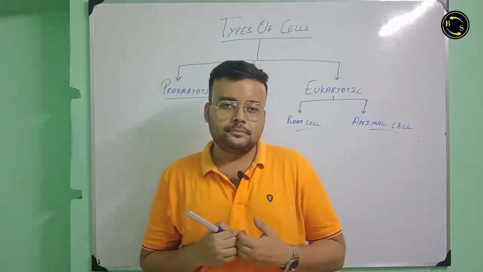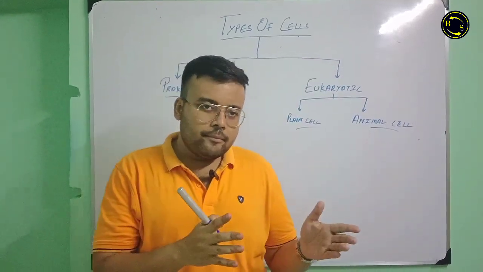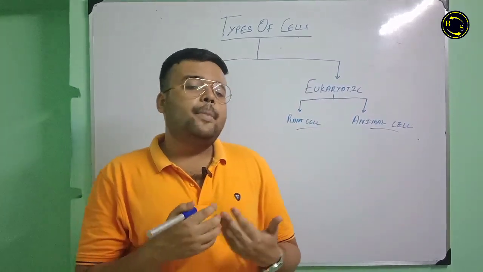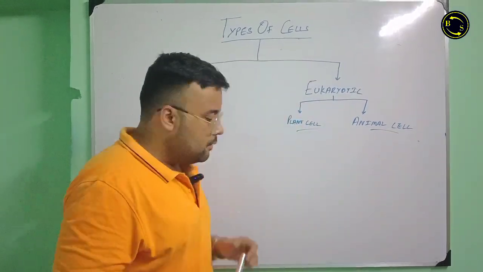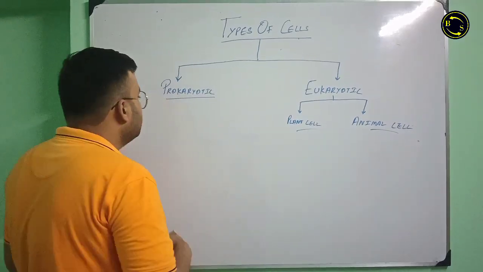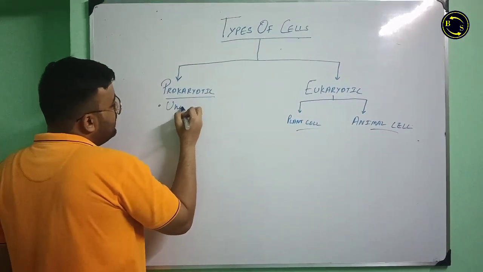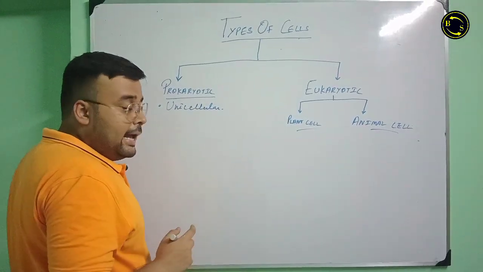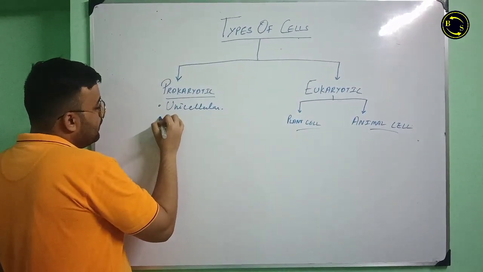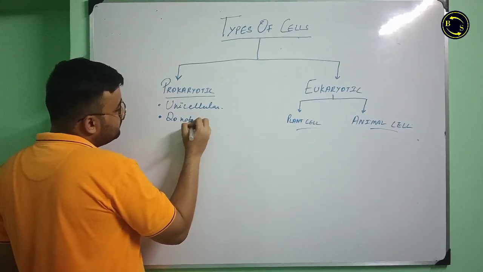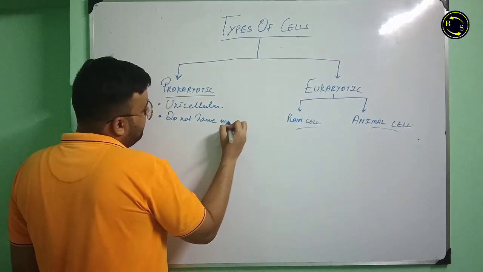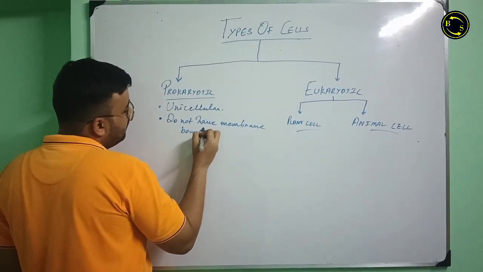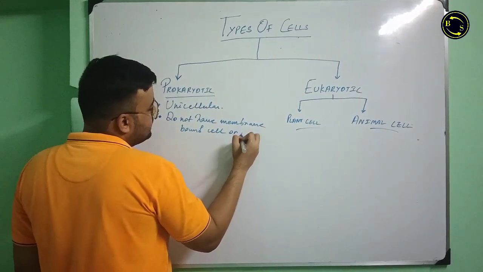These organisms are different from the type of cells that we are made up of. These prokaryotes are unicellular. They do not have membrane bound cell organelles.